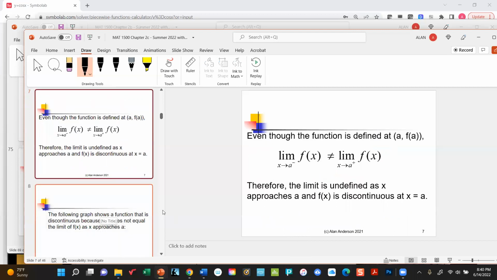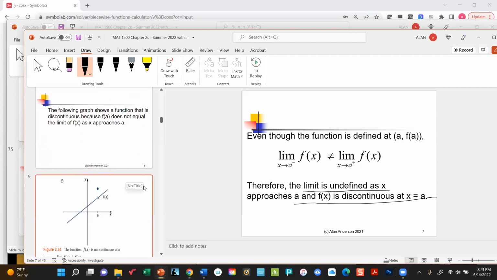Okay, so here I've written it again. Even though the function is defined at a, f of a, the fact that the limits are different from the left and the right means that the limit is undefined. And that tells me that f of x is discontinuous at that point. Now, the third one is the one I was just showing you.